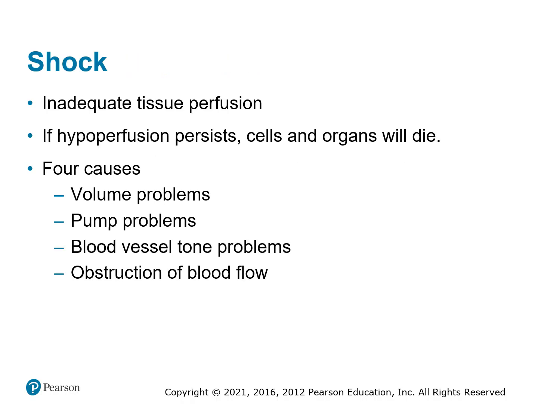So shock, once again, I told you, is inadequate tissue perfusion. So it's generally a failure of the circulatory system. One of those 3 things is going to be wrong. If hypoperfusion persists, then the cells and the organs will die. 4 causes: volume problems, pump problems, blood vessel tone problems, or an obstruction of blood flow.